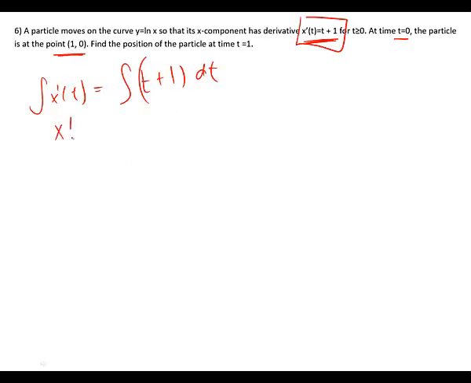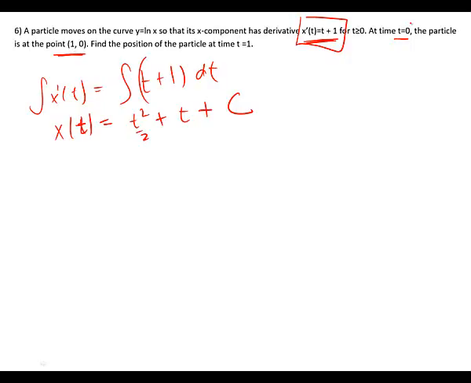All right, so when I integrate x prime, I get x. When I integrate t plus 1, I get what? t squared over 2 plus t plus C. Okay. Now, I need to use this initial condition somehow.